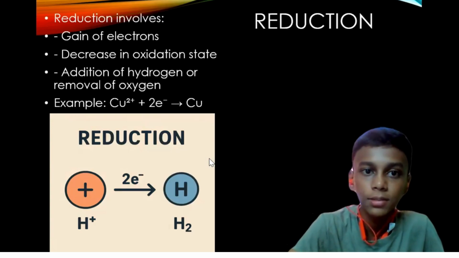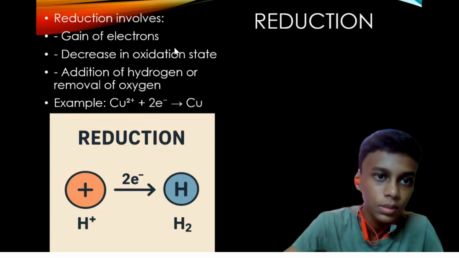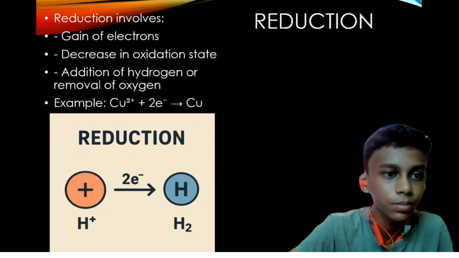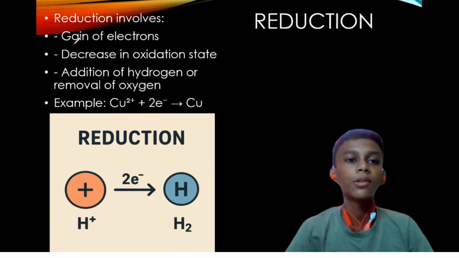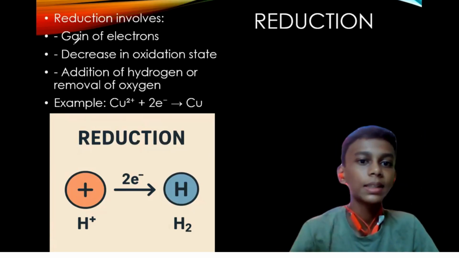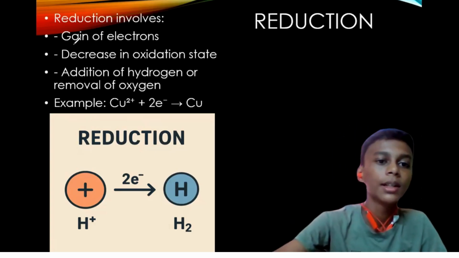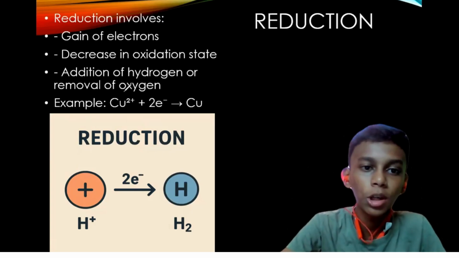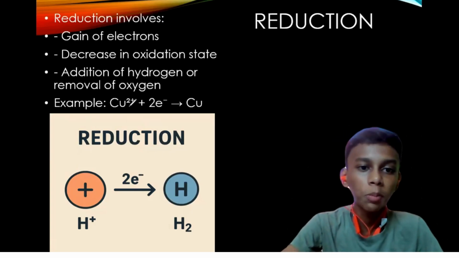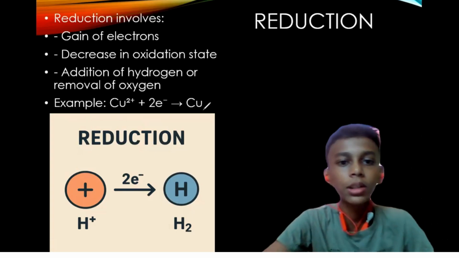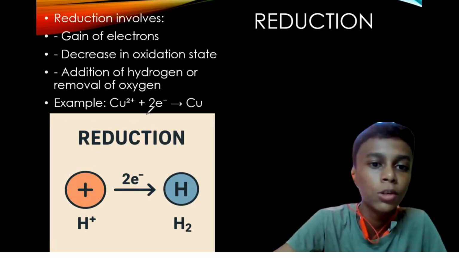Now let's move on with the reduction reaction. Reduction involves gain of electrons and decrease in oxidation state. As I told, it will have hydrogen more than oxygen, addition of hydrogen, or removal of oxygen. Example: Cu2+ plus 2 electrons gives Cu.